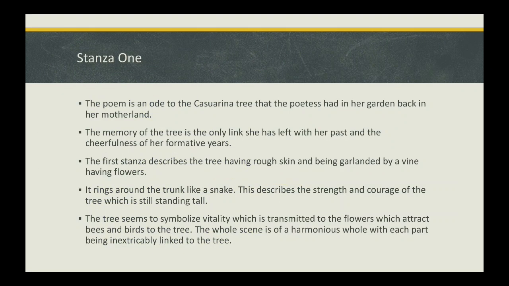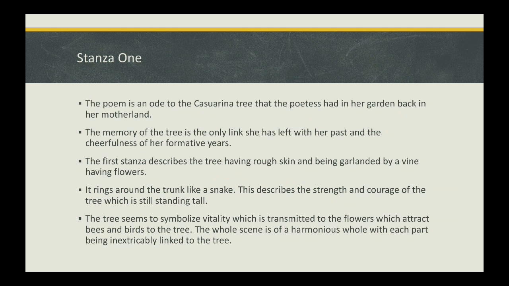The bark of the tree is very rough, that we know. It is garlanded by vines having flowers. It rings around the trunk like a snake. The creepers surround this tree.